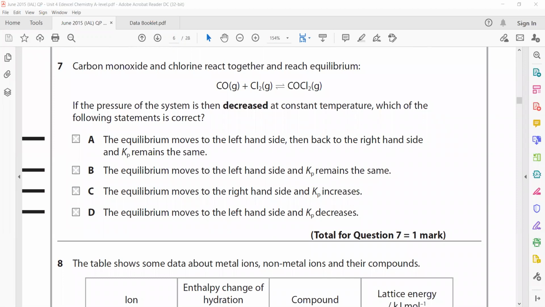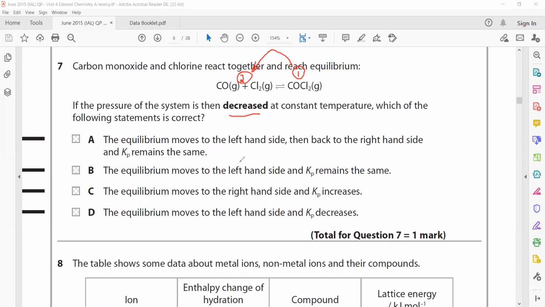For question 7, if the pressure of the system is decreased at a constant temperature, which of the following statements is correct? So when we check the number of moles, 2 moles on the reactant side and 1 mole on the product side. So a decrease in pressure shifts the equilibrium towards the side where the number of moles is more.